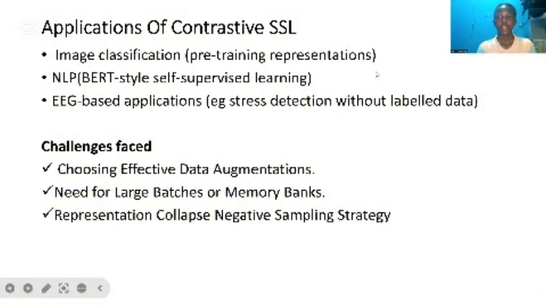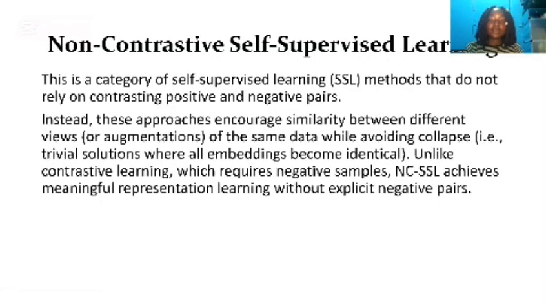Thank you. Hello everyone, my name is Cindy Emmanuel, and I'm going to take you through non-contrastive self-supervised learning. This category of self-supervised learning methods does not rely on contrasting positive and negative pairs.